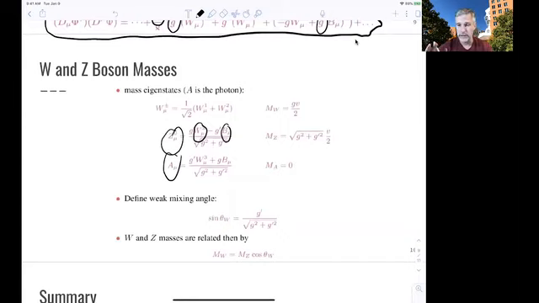And then we try to identify the mass terms. We find for the W that the W mass is equal to the coupling strength of the SU2 group times the vacuum expectation value over 2. And the mass of the Z boson is given by both couplings, the square root of the sum of their squares, times v over 2.